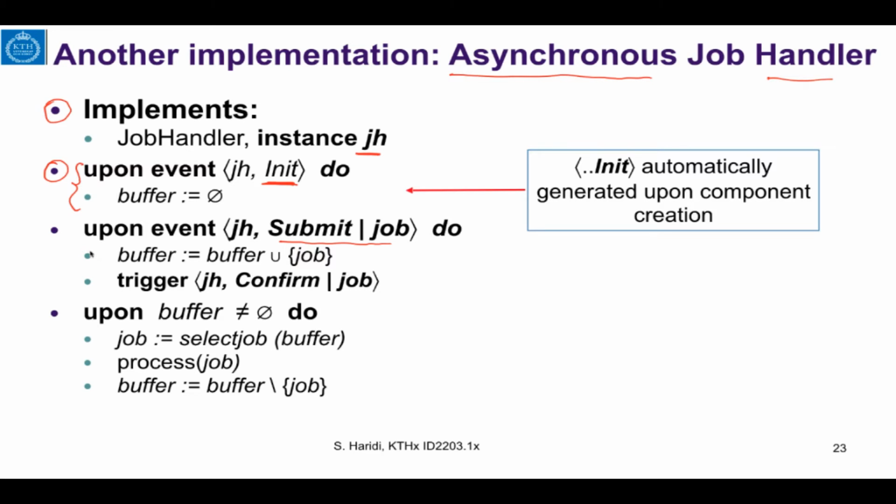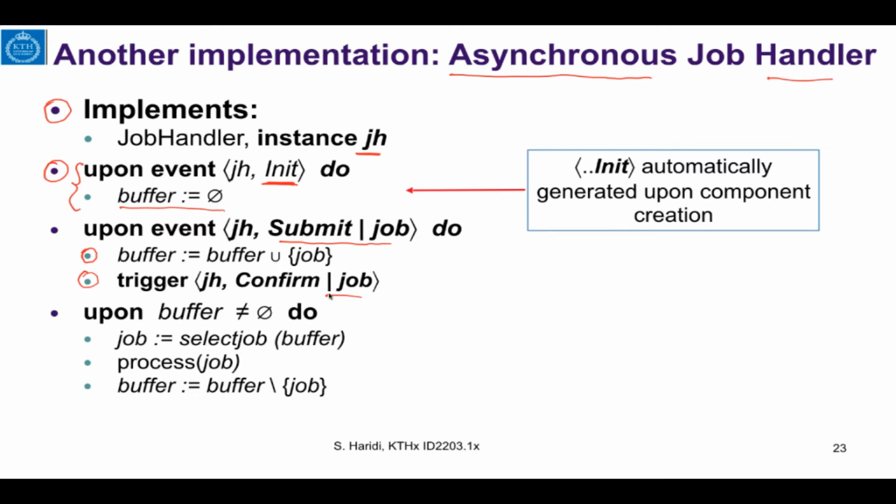Then we have how to handle a submit event. In this case, we just buffer the job. You see we first had an initial buffer, which is an empty buffer. Here we buffer the job, and we immediately trigger a confirm for that job. So we didn't really process the job yet, but it will eventually be processed. So this is a different execution.